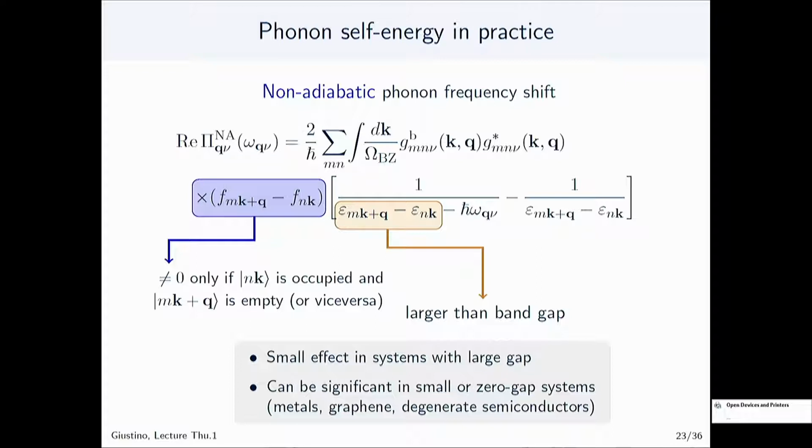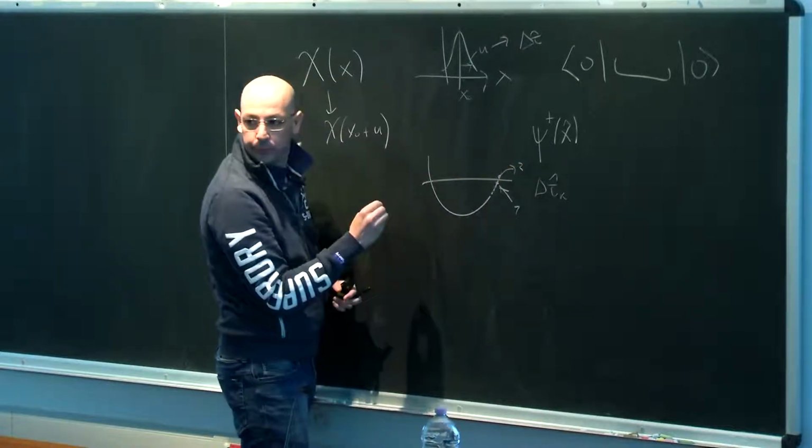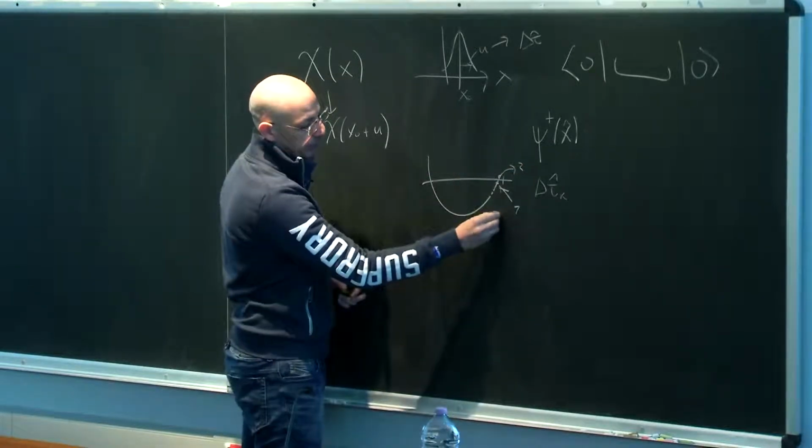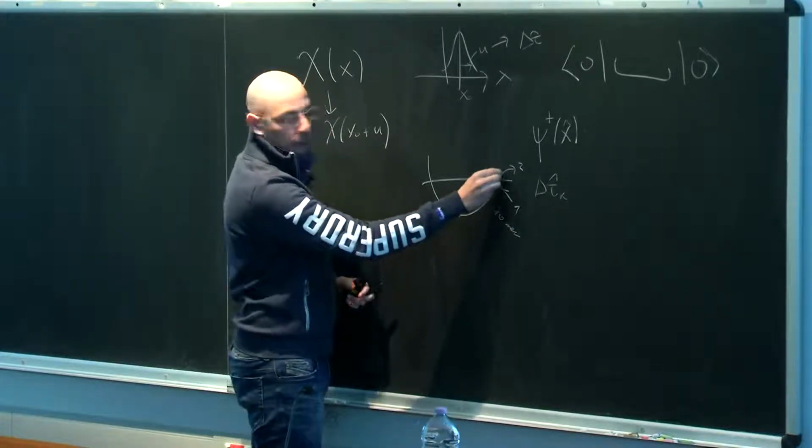Why is that prefactor not 0? The prefactor, which one? Say again. So basically, if you are in a metal and your state is here, and the other state is here, it could be that this energy difference is, I don't know, 10 millivolts. This is occupied, and this is unoccupied.